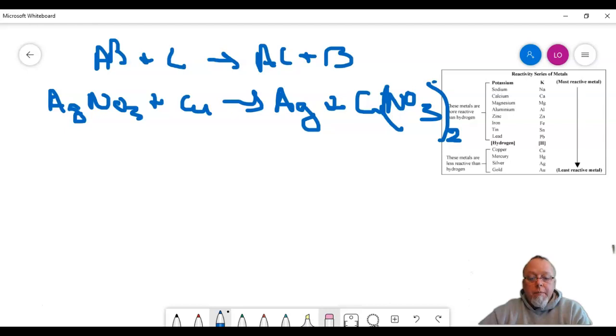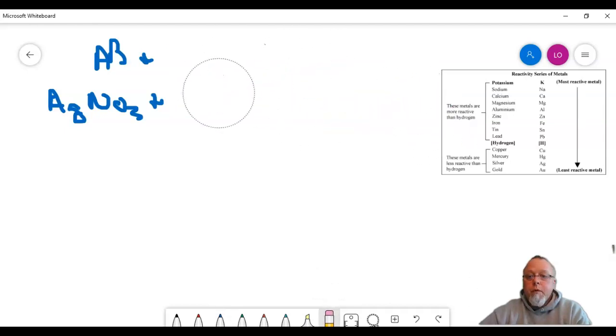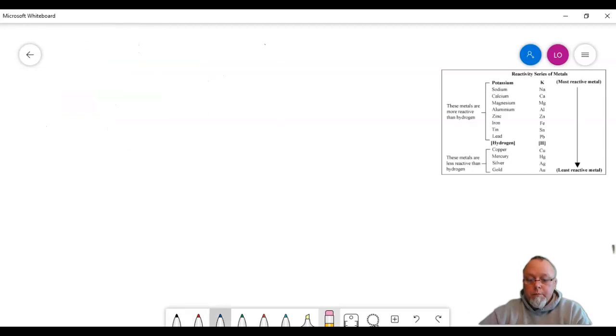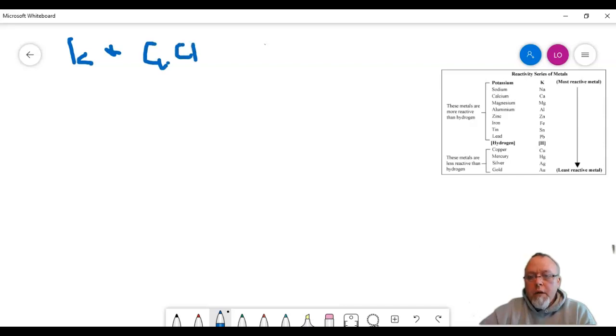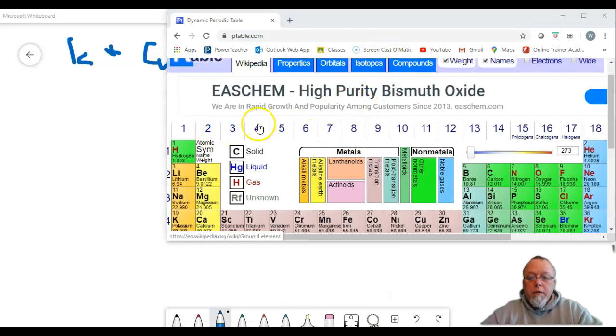So the copper would replace the silver. To give you another example, let's look at potassium, K, plus copper(II) chloride. Copper is 2+, so it's giving up 2 electrons.